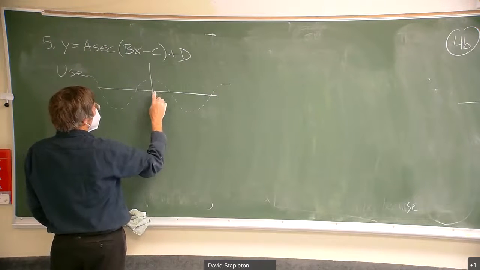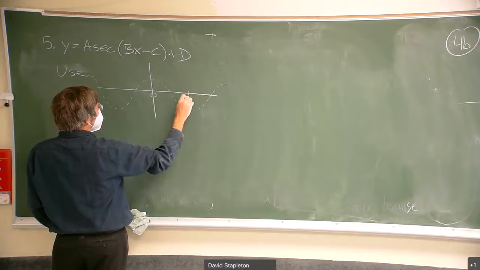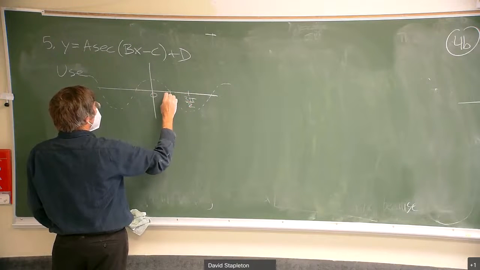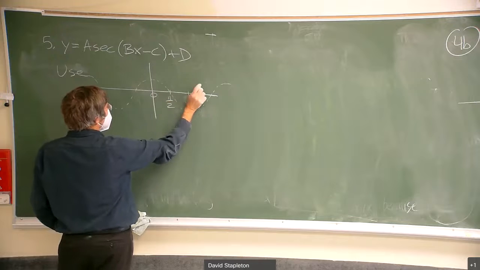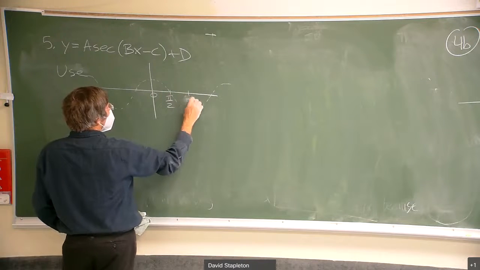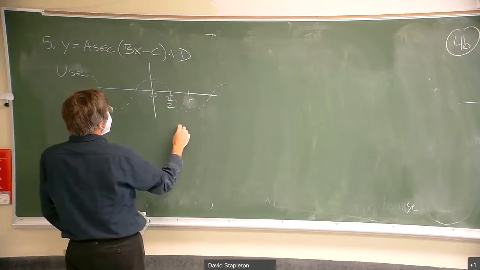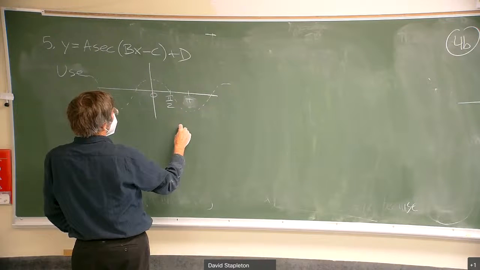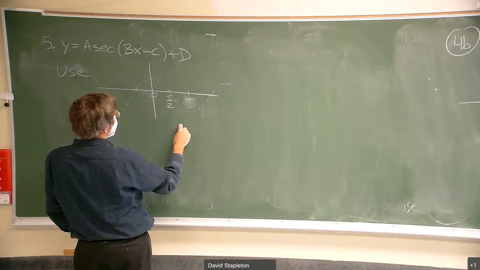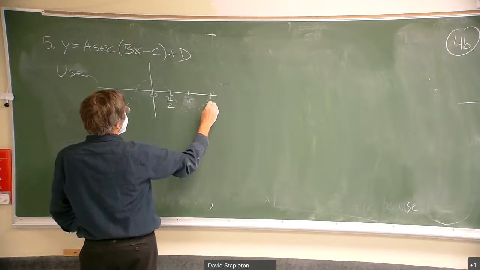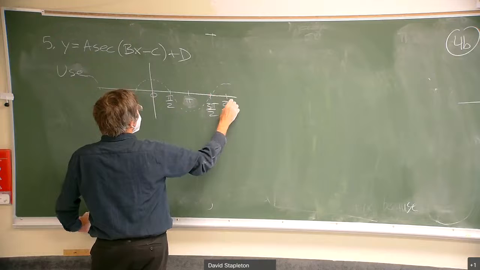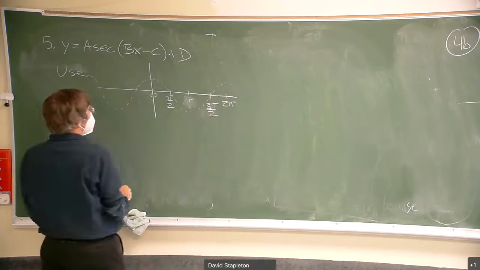At 0, it's up here, and at pi over 2, it's here, and at pi, it's here. Okay, and then 3 pi over 2 and 2 pi. So there's one period of the cosine function.